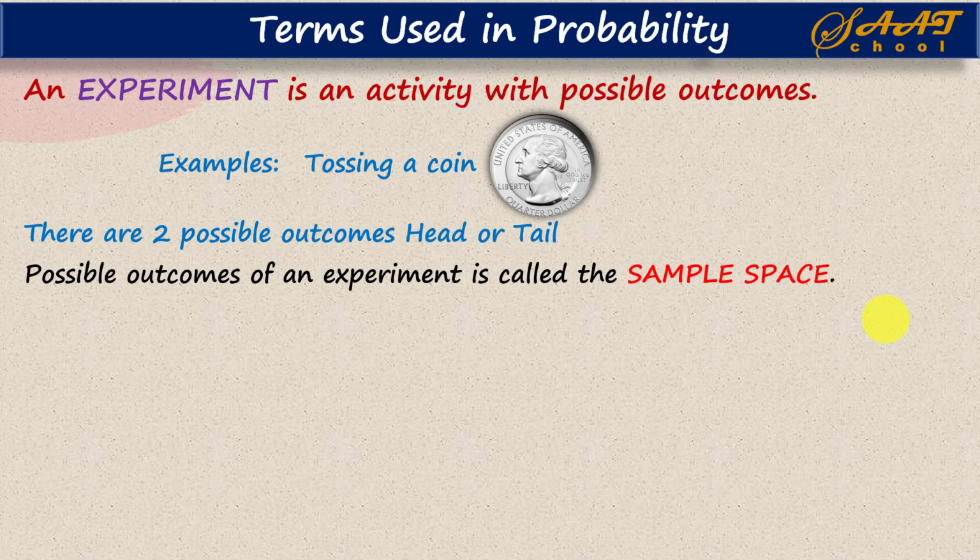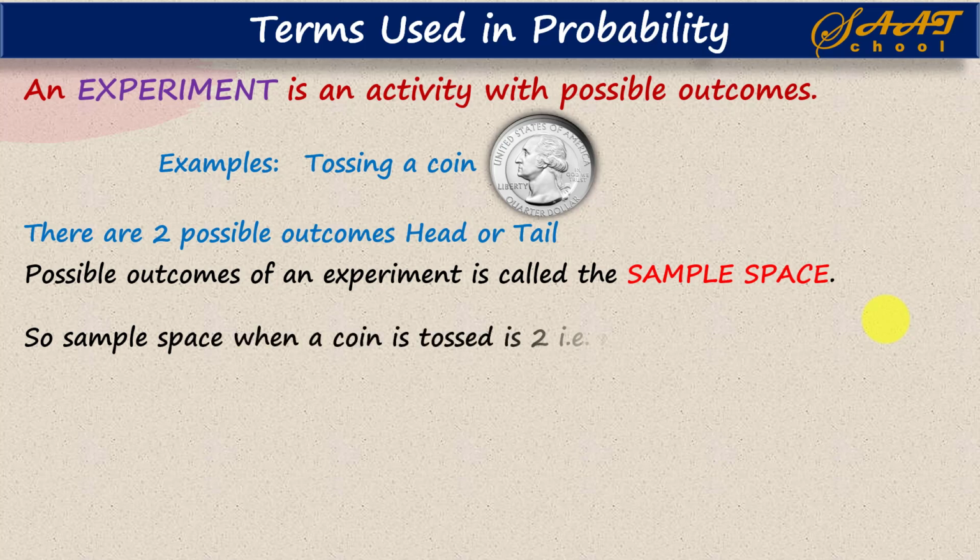For example, tossing a coin is an experiment, and when you toss a coin, there are two possible outcomes, either head or tail, and those possible outcomes in probability are called the sample space. Now when you toss a coin, the sample space would be head or tail.